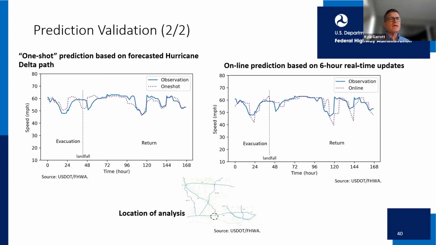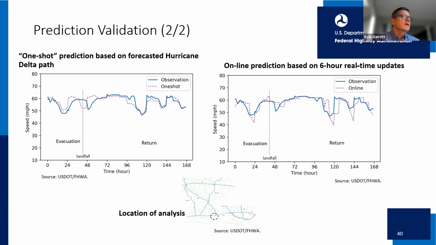We also looked at what that meant through time as the hurricane approached and then went past, over and past the state. So here we're looking at two sets of forecasts over time of what the speeds would be in a particular location. This happens to be eastbound I-10 near Lafayette, on your way into town. So for Hurricane Delta, the data on both the plots are shown as the blue line, the observations.